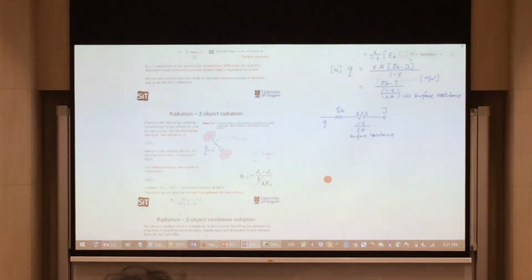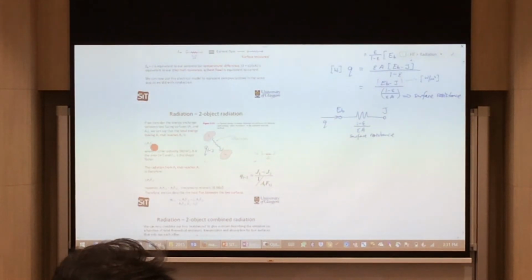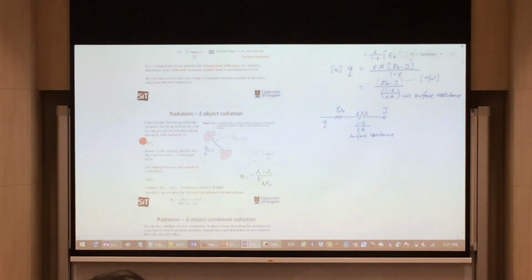And we know that the total energy that's leaving this object A1 that reaches object A2 is given by J1 A1 F12. So that F12 was our shape factor that we saw before. J here now refers to your radiosity. So the radiosity includes your radiative energy due to the surface temperature and also due to the incident radiation that's reflected out. So that's your radiosity.